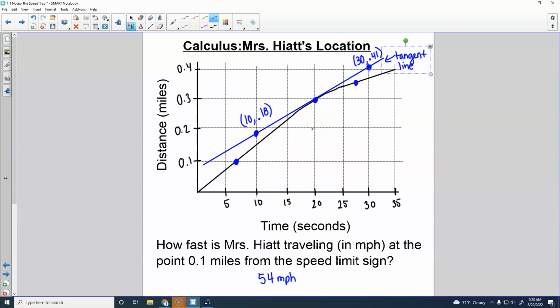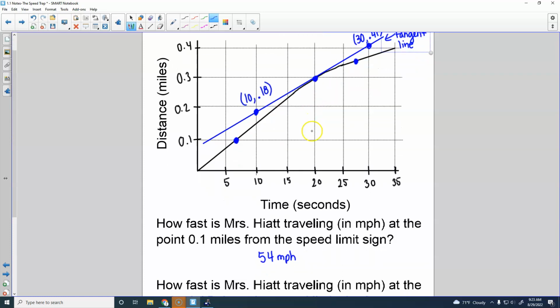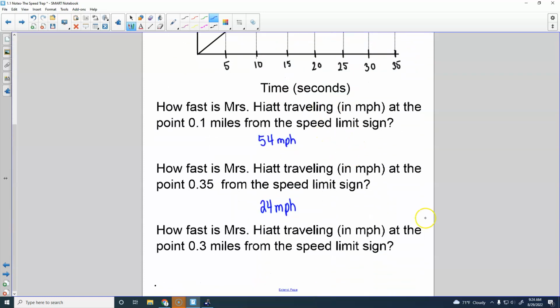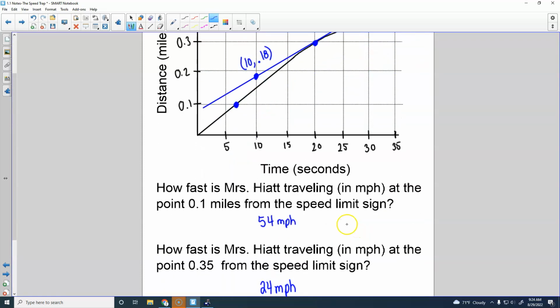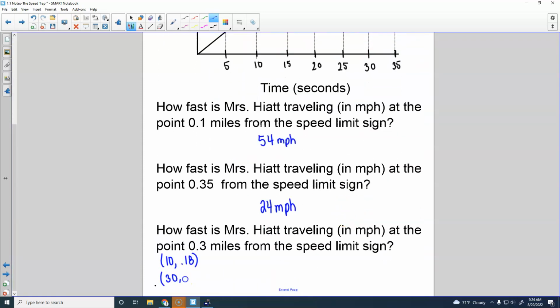So if I've got (10, 0.18) and (30, 0.41), now we can find the slope of that graph, right? So if I go down here, we had (10, 0.18) and is it 30? Yeah, (30, 0.41).